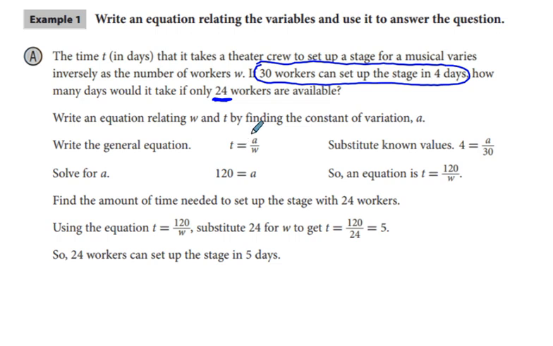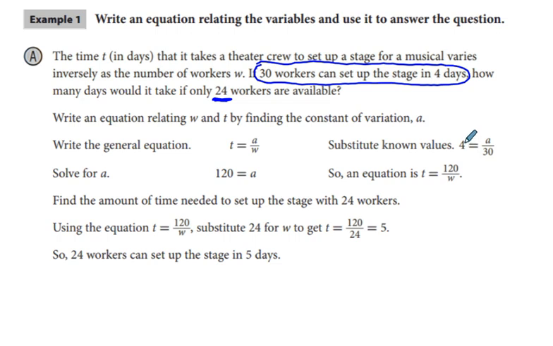So write the general equation. Here's t, time equals a, which is our constant of variation, divided by the number of workers. Okay, so substitute the known values.